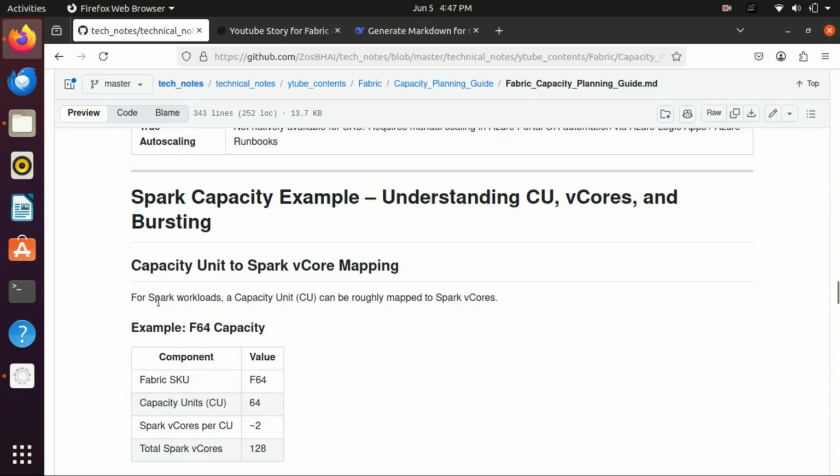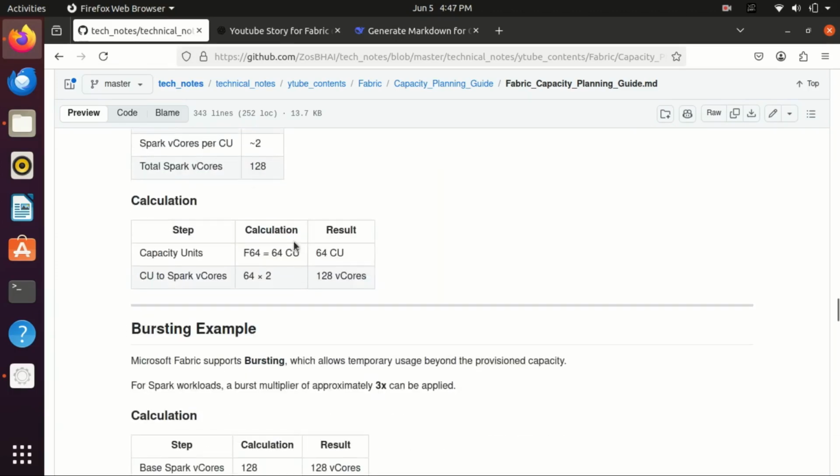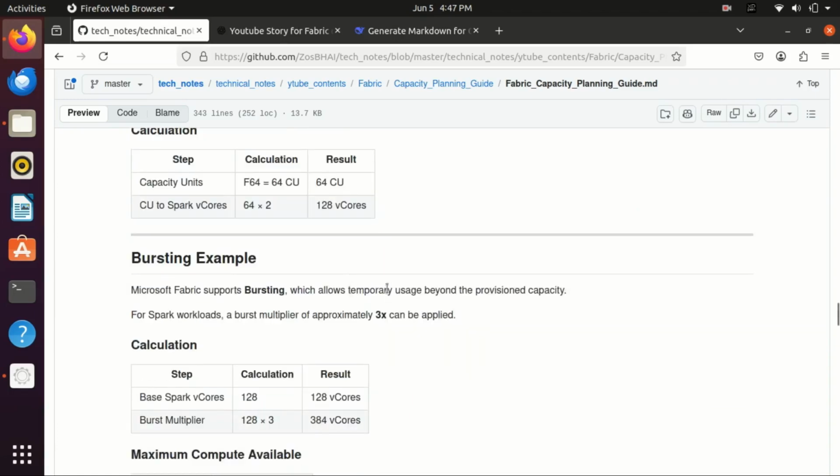Let us understand bursting and smoothing with an example on Spark compute. Let's say one CU, or capacity unit, roughly maps to 2 Spark virtual cores. Let's assume you have an F64 SKU, which means you have 128 Spark virtual cores as a part of the SKU.